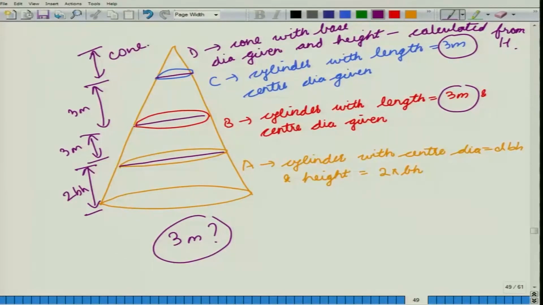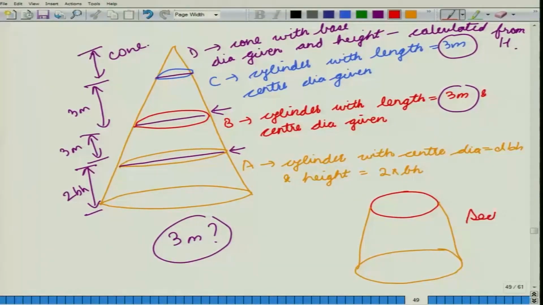So, in the case of section B, what you would be doing is making a cut here and a cut here. So, you have 2 cuts. To use the same colors, this is your section B. You have made a cut here and you have made a cut here.